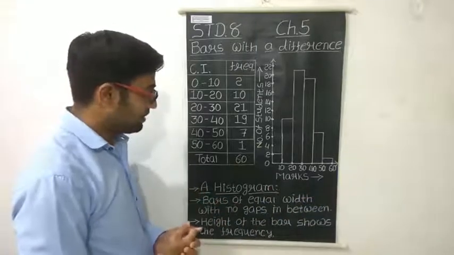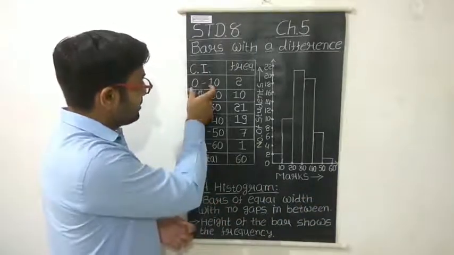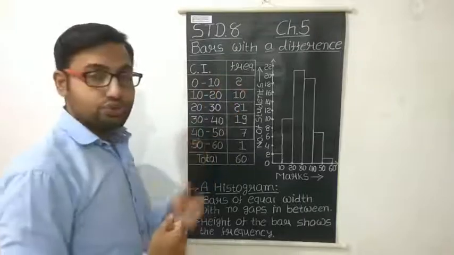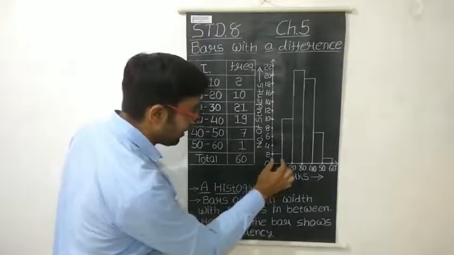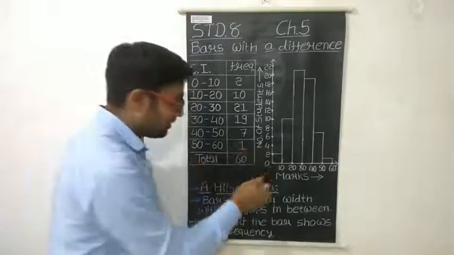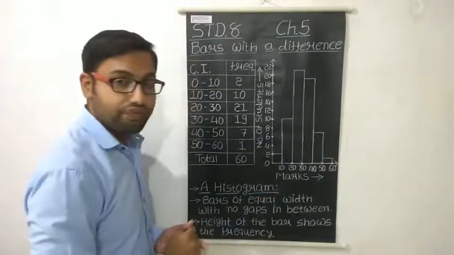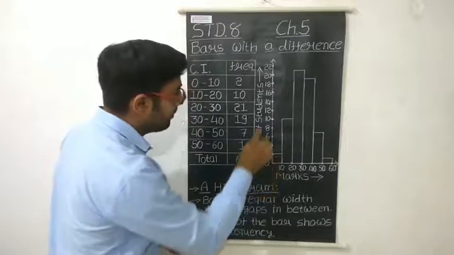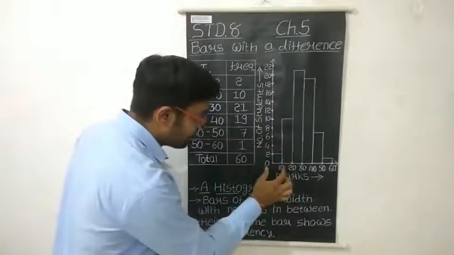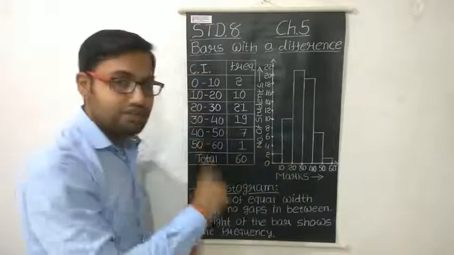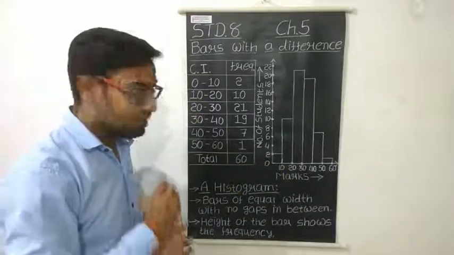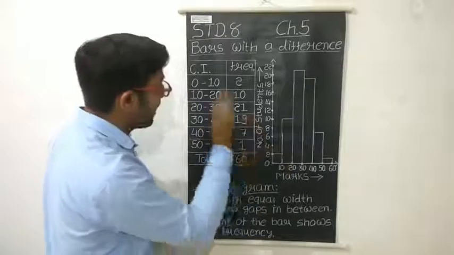Now see, the first interval 0 to 10 has frequency 2, number of students is 2. So here we make a bar with a height of 2. What does 2 represent? Number of students. And what does this represent? 2 students got marks between 0 and 10. This is what we represent on the graph.